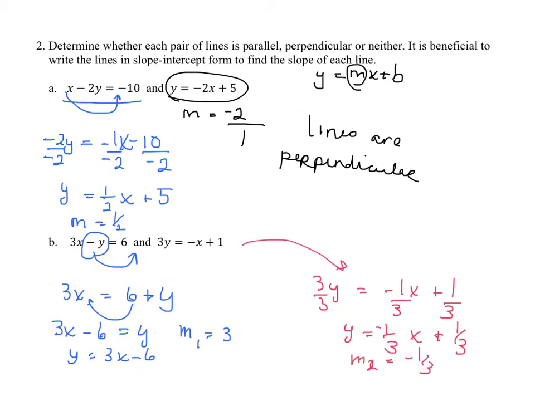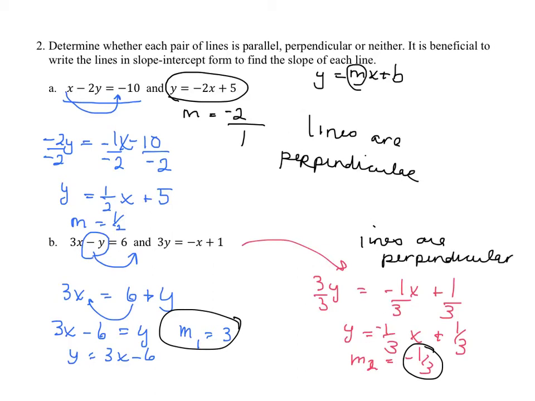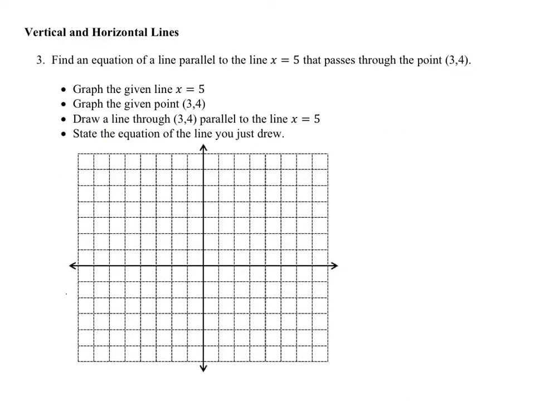Oh, we're psyched because here's this one, here's this one. They're negative reciprocals. So the lines, again, are perpendicular. Good? Yay. Next.